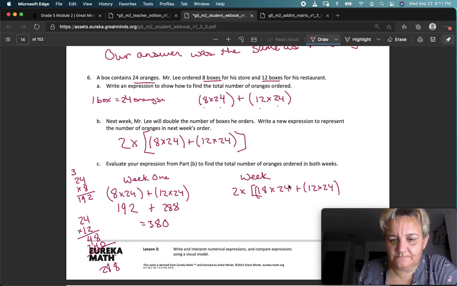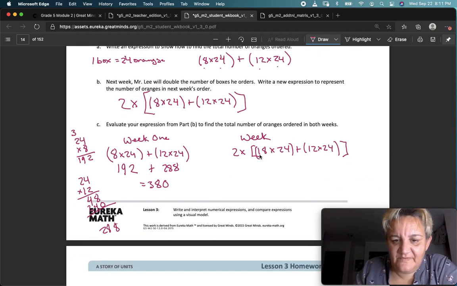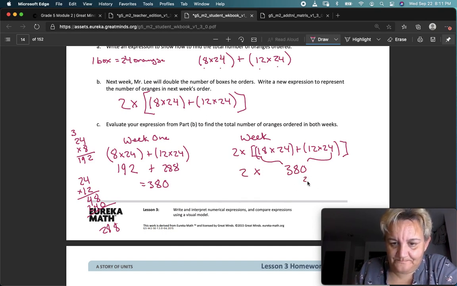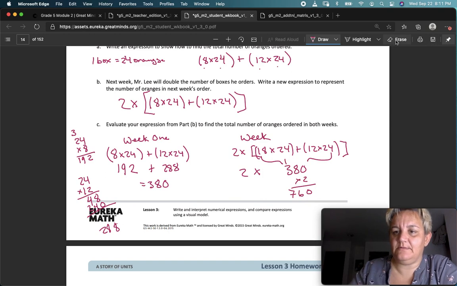And so I can just figure out that all of that equals 380, all of this, from there to there. I'm going to multiply times 2. So that's going to give me 0, 16, carry the 1, 6, 7, 760. Okay?